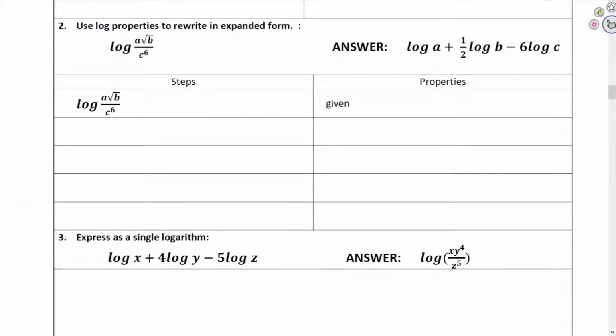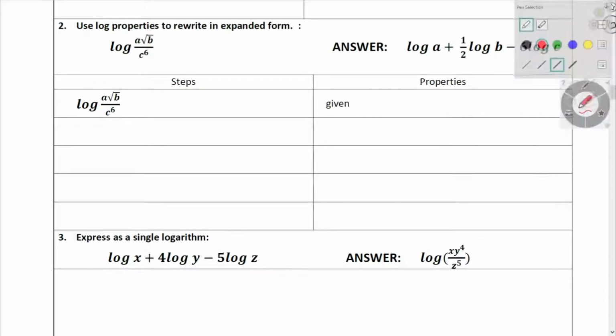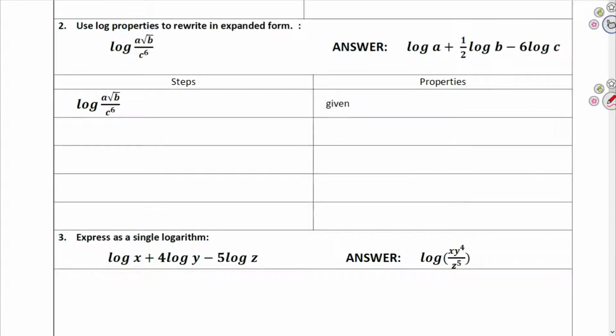Okay, number 2, use log properties to rewrite in expanded form. I'm going to expand this to be larger. The log of a root b over c to the 6th power. I think this is the first time we're dealing with powers as well. The first thing that I see is that I have the log of some stuff, and I want to expand this.